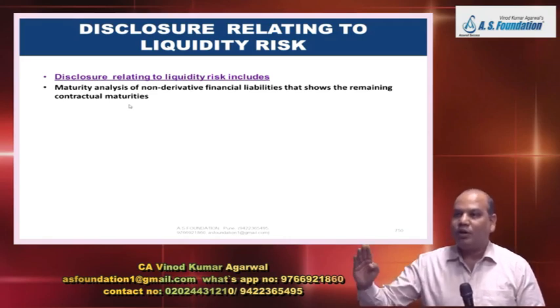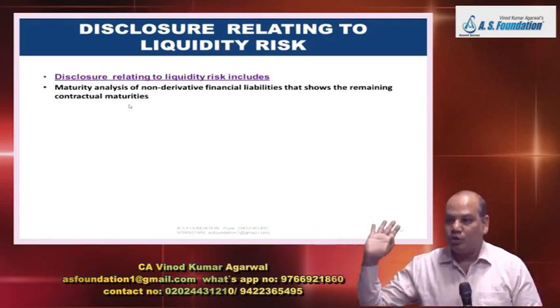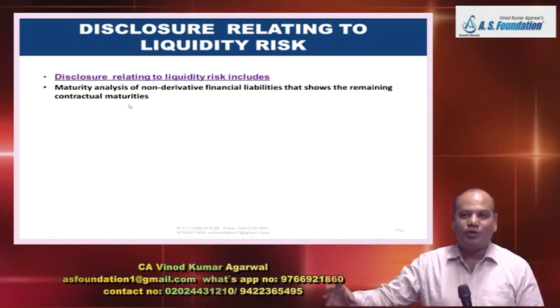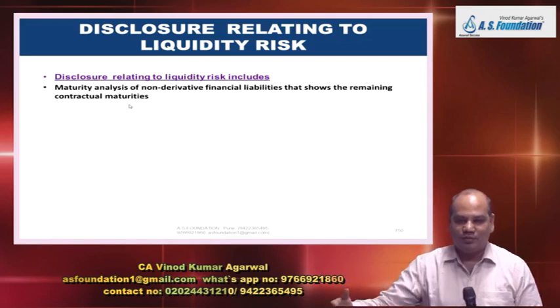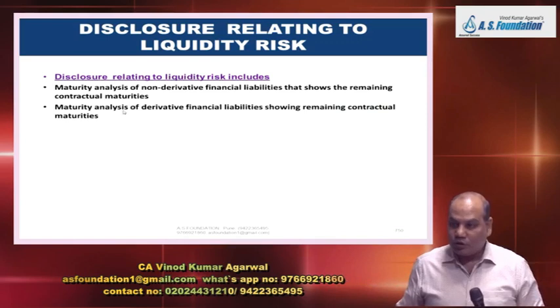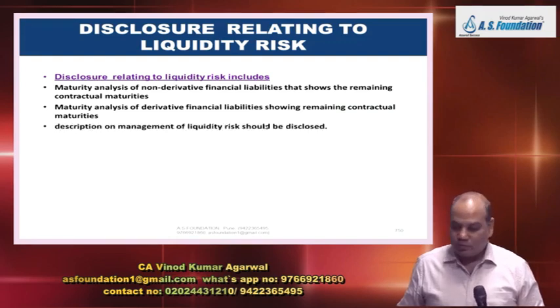What are your liabilities and when will they become due? So this will help me to understand the risk. Suppose a liability of 50 crore is becoming due next year. Do I have so much cash? Maturity analysis of derivative financial liabilities showing remaining contractual maturities. And a description of management of liquidity risk should be disclosed.